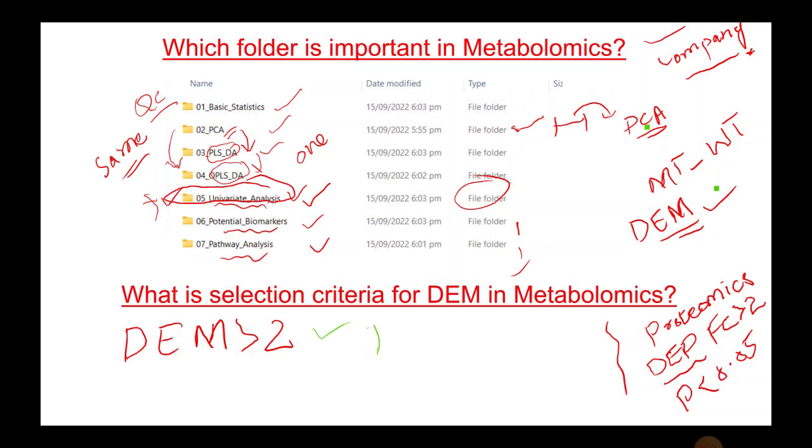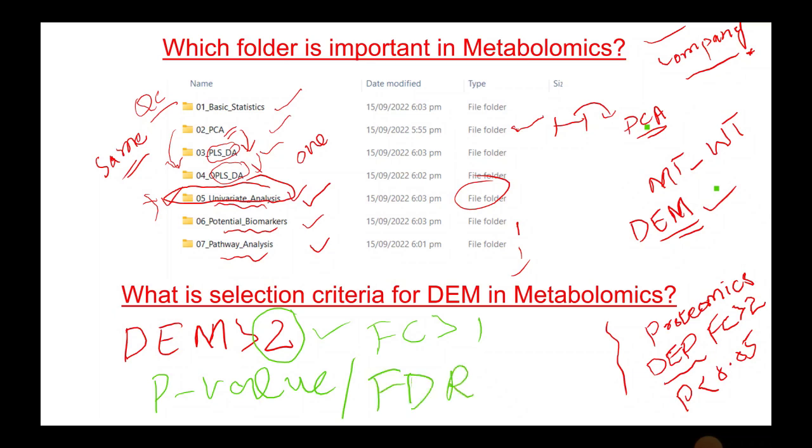I mean, their FC value is more than 2, and sometimes we also do it if the FC value is more than 1, but over 2 is recommended. And similarly, we can do it with p value, or maybe we can also do it with FDR. As we have already done in our transcriptomic or proteomic video, their level was less than 0.05.